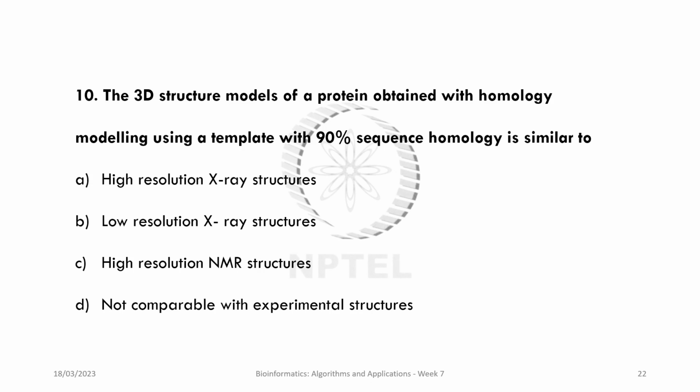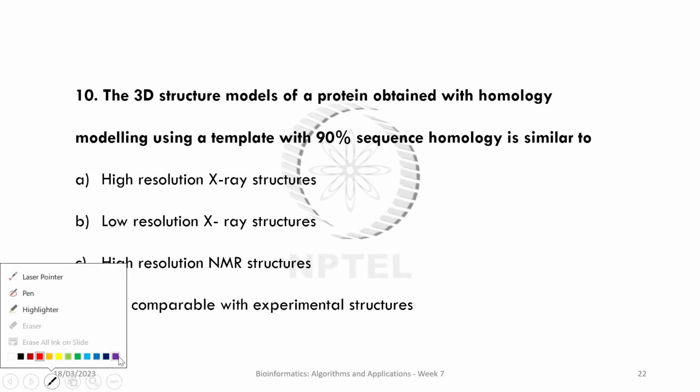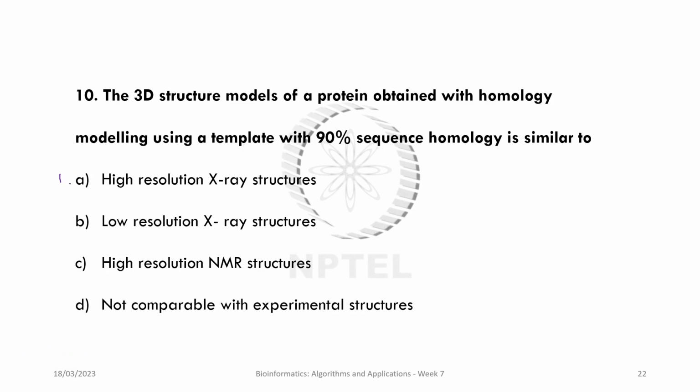Bala says A. Others? So 3D structure models of a protein obtained with homology modeling and template with 90% sequence homology. So how would such a structure be?